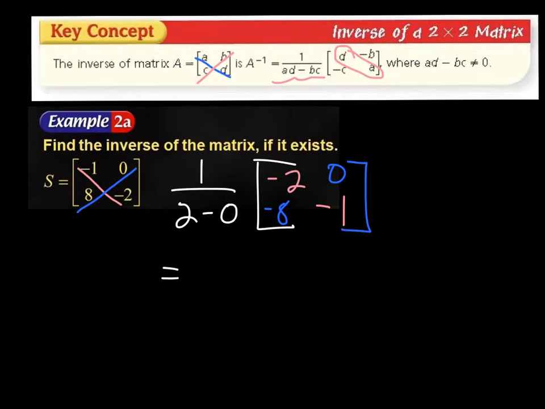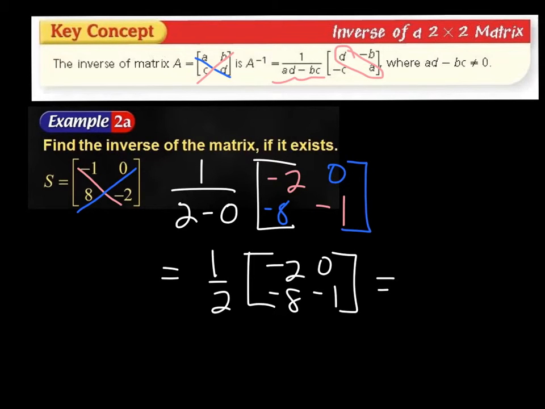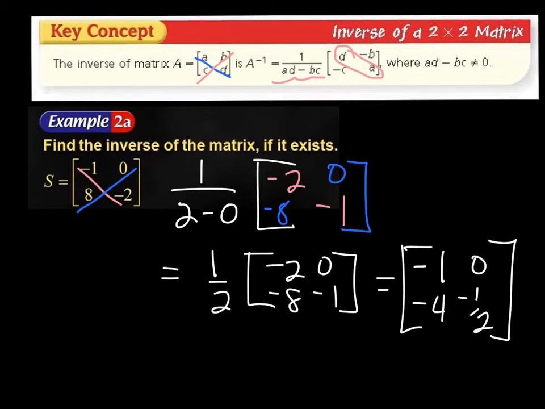So 2 minus 0 is, of course, 2. And by lucky happenstance, those are all even, well, mostly even numbers. I guess 1 isn't, but it's not too bad. So we get negative 1, 0, negative 4, negative 1/2. I can live with that. That is the inverse of the one we started with.